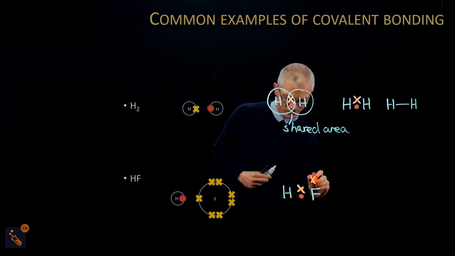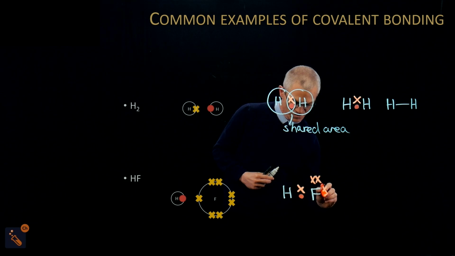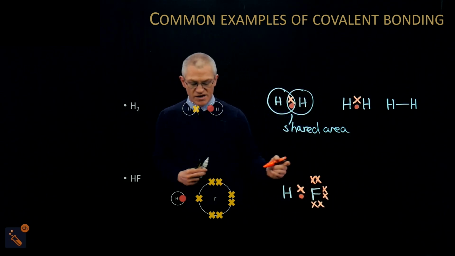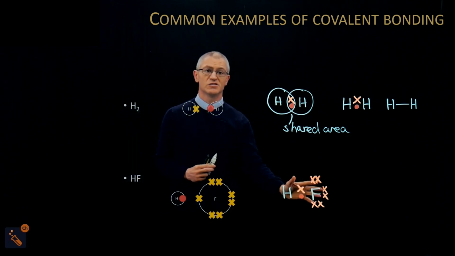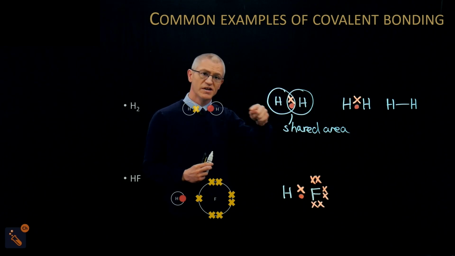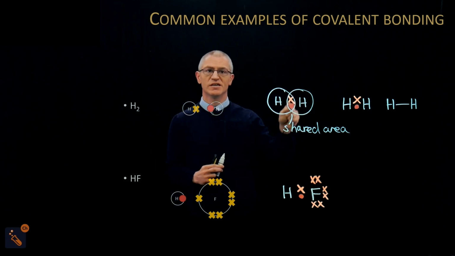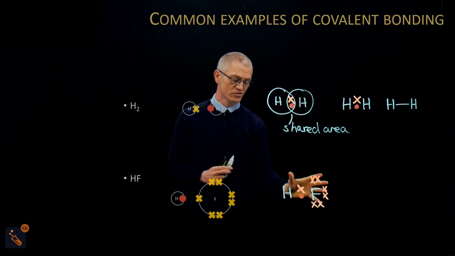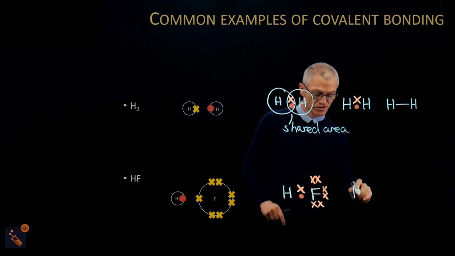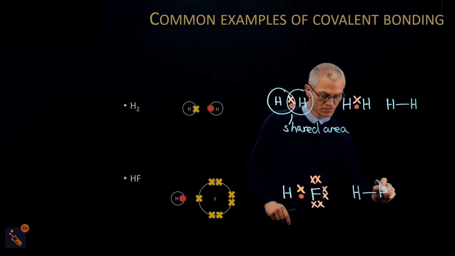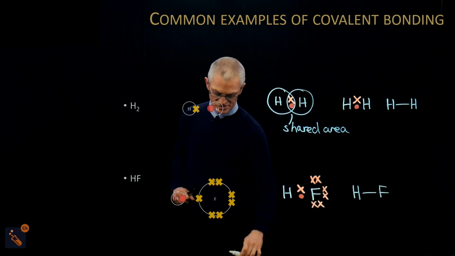I just place those around as if the shell was there, but I just don't draw the shell. And that diagram is totally acceptable. You can draw the shells if you want, overlap them, make your shared area, put the electrons in the center, or you can just draw it like this. Again, there's only one pair of electrons there, so if I'm drawing the actual bonds, it's a single bond again.